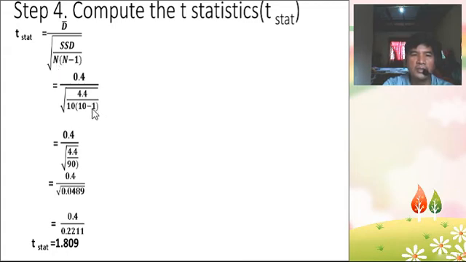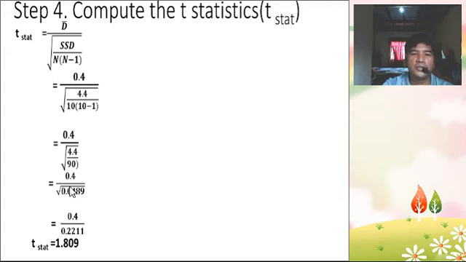Okay, always minus 1. So, you copy 0.4 in the numerator, divided by 4.4 divided by, you multiply this one. Okay, 10 minus 1 equals 9. 9 times 10 equals 90. 4.4 divided by 90 equals 0.0489.